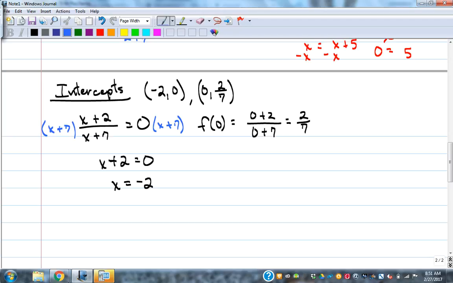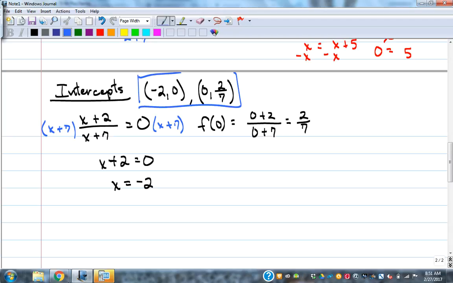So that's why all that's left is x plus 2 is equal to 0. Okay. That's what's going to happen every time. Your numerator is all you end up setting equal to 0, because the denominator is always going to cancel out when you multiply. So it's really just the numerator equal to 0. Okay. All right. There's our intercepts.